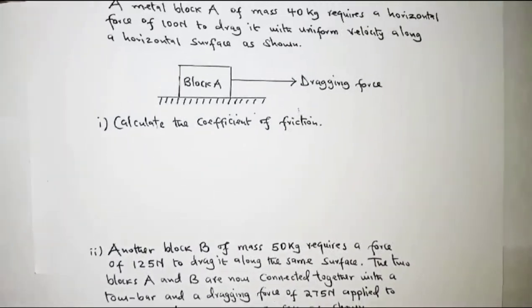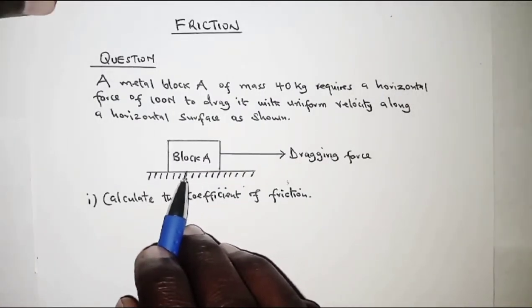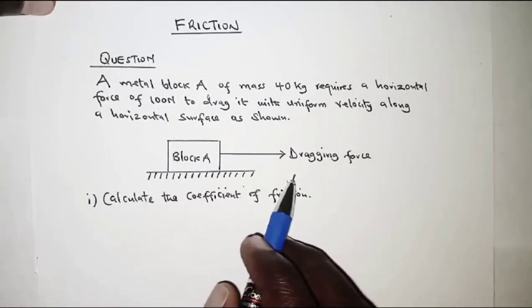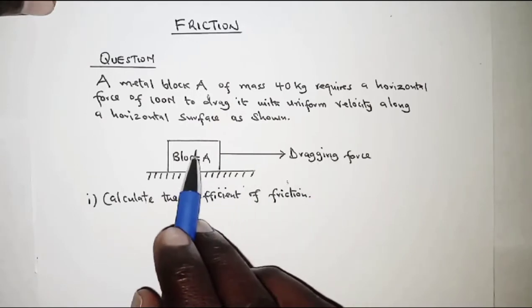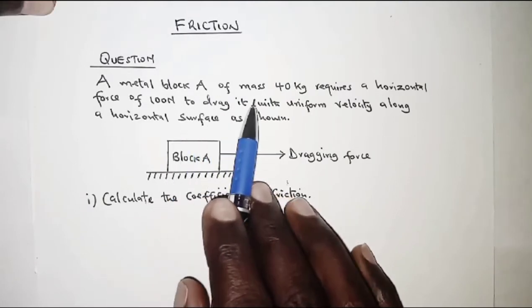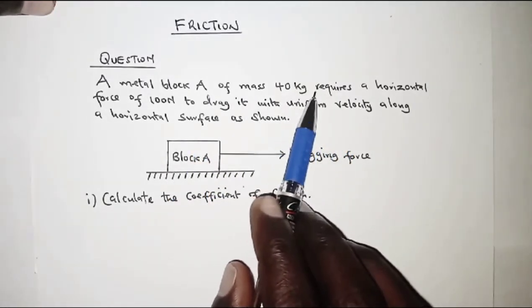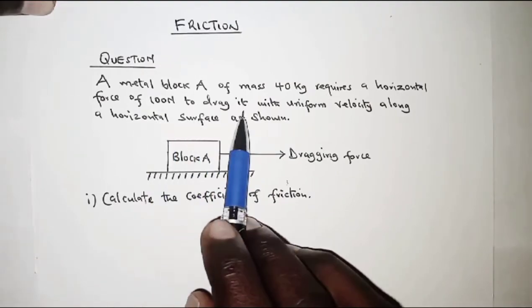So for part A, we have a block being pulled along a given surface, so we have a dragging force. Block A has a mass of 40 kilograms and it requires a force of 100 newtons to drag it.